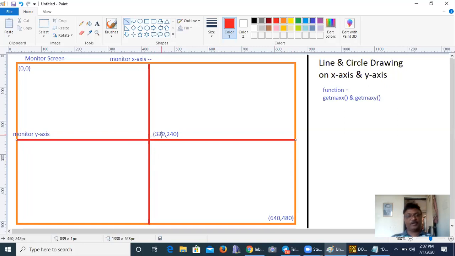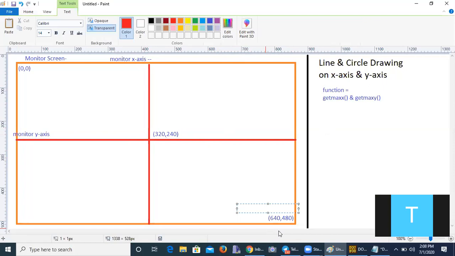What is my center point? 320, 240. So this will become our line. Now suppose I am going to put this in the form of a function. What is the function for this? Here, xmax is equal to getmaxx.